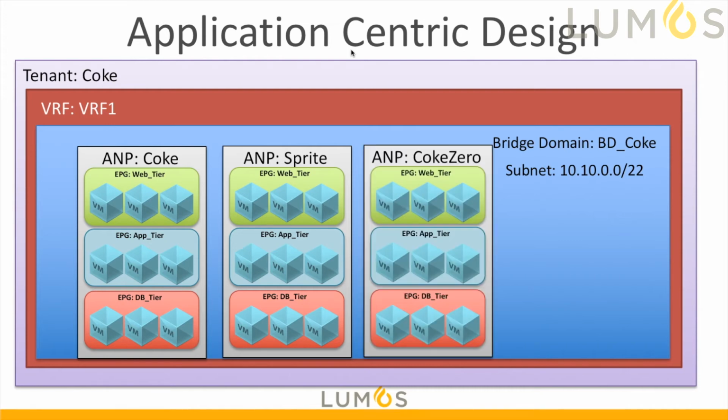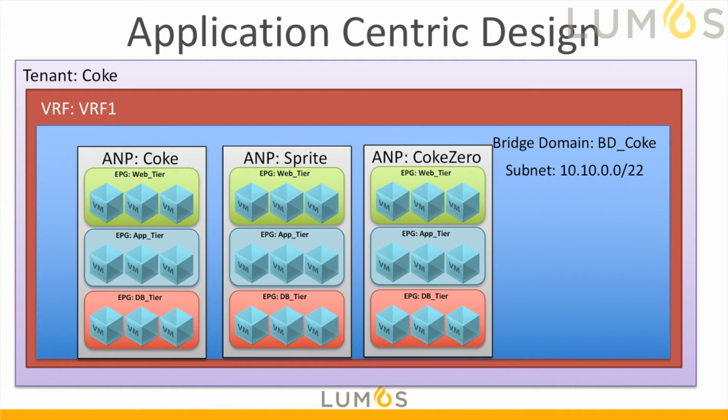And then the final one is going to be Coke 0 with the web, app and DB. Now this could be same tiers, it could be different tiers. We could have lots of different, mix and match. There could be 10 tiers in Coke 0 and 2 tiers in Coke, right? It really doesn't make a difference. What we want to do, though, is be able to separate these policy groups out in a meaningful way.